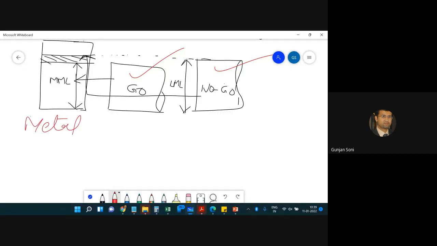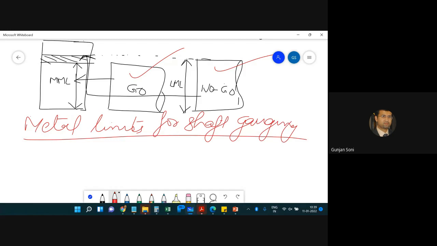Metal limits for shaft gauging. Okay, now try to make it on your own. Send your sketches in the WhatsApp group. I will see how many of you are getting what we want to do.